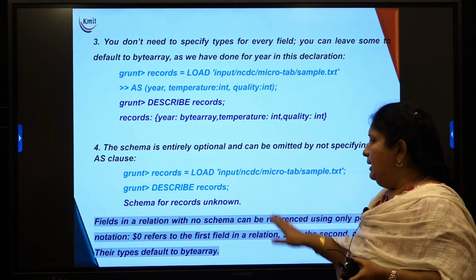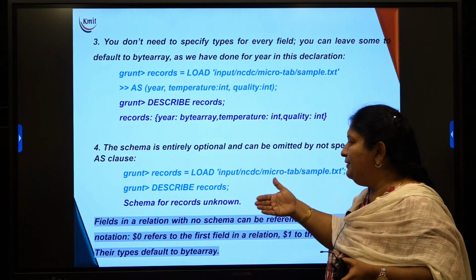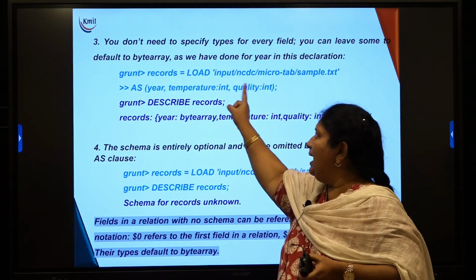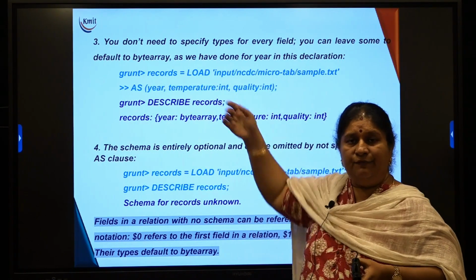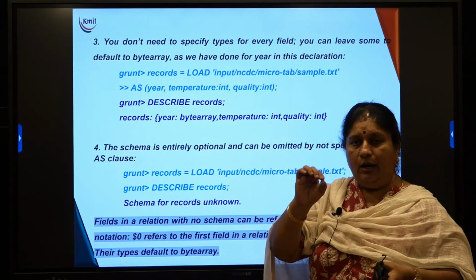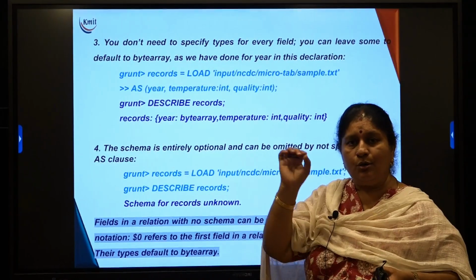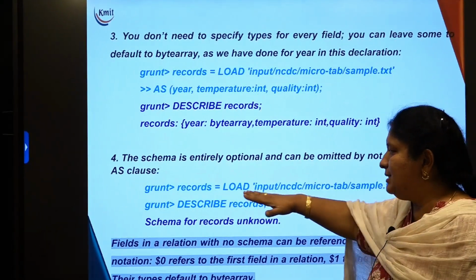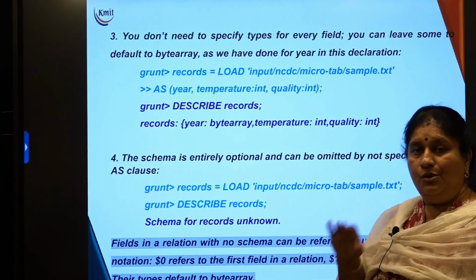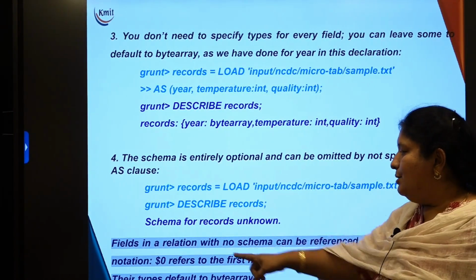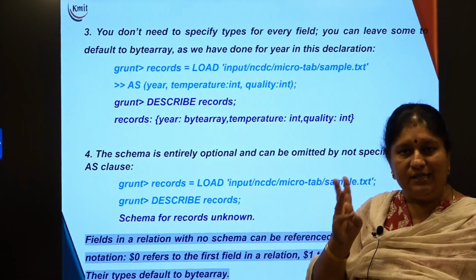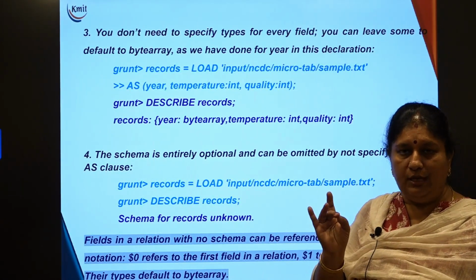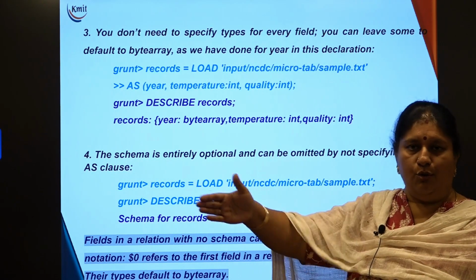And in such a case, how do I identify year, temperature, quality? Because here I have the attribute names, I can refer to records.year, records.temperature, records.quality. How do I refer when I don't specify the field names? In such a case, you can refer to them using $0 for the first attribute, $1 for the second attribute, $2 for the third attribute, and so on.